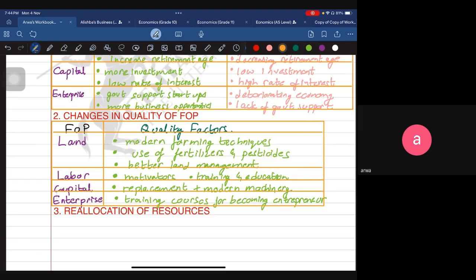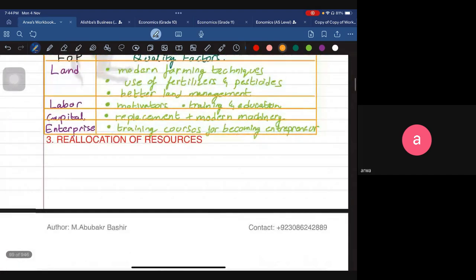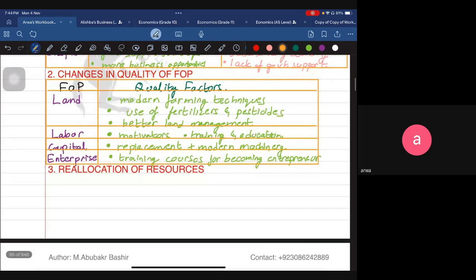No, sir. Okay, great. So now we will be moving on to the reallocation of resources. This is a very easy topic.